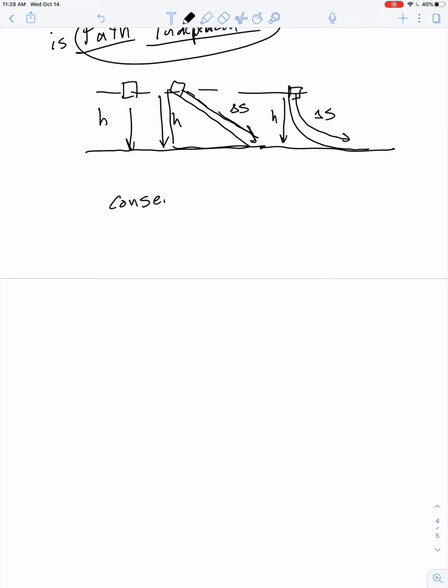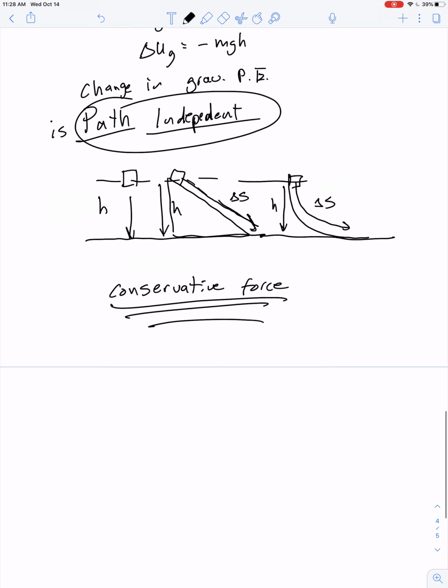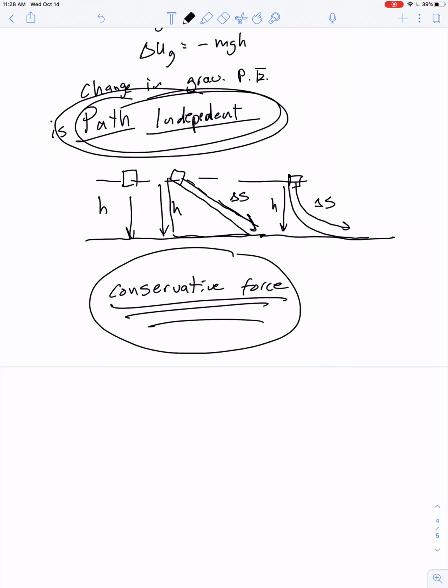That's because gravity is a conservative force. Friction is not a conservative force. Air resistance is not a conservative force. Gravity is, and we'll explain more in another video lesson, but generally speaking, whenever you have conservative forces, the work done by conservative forces tends to be path independent.